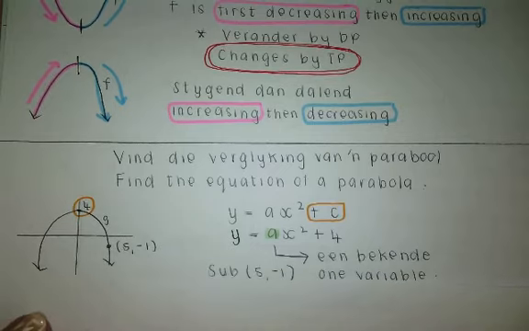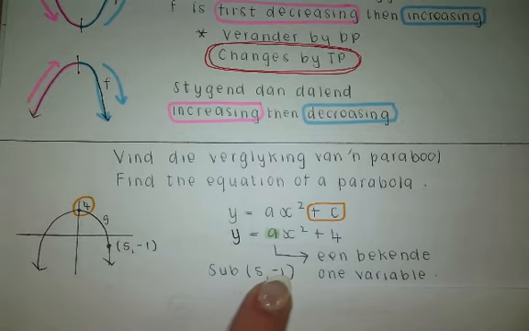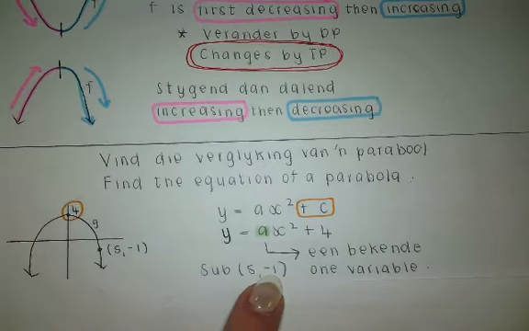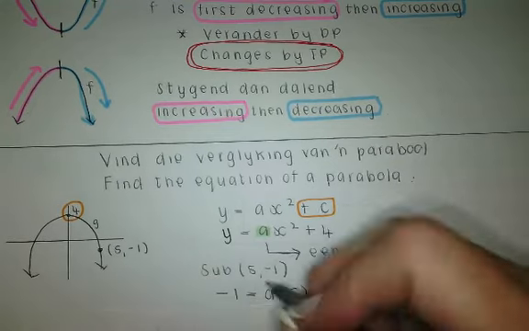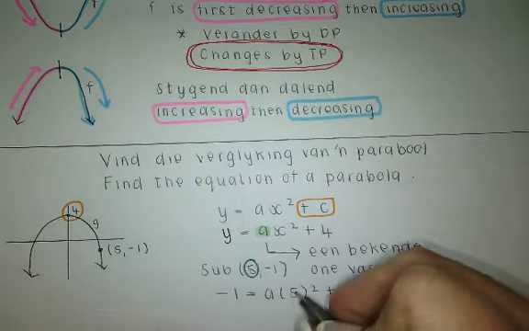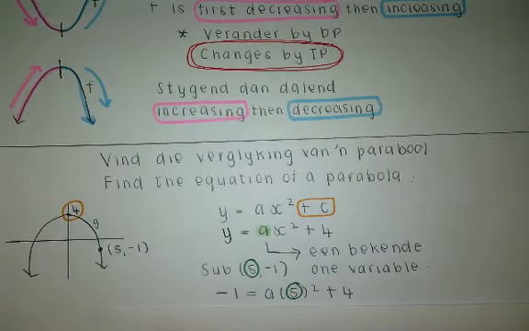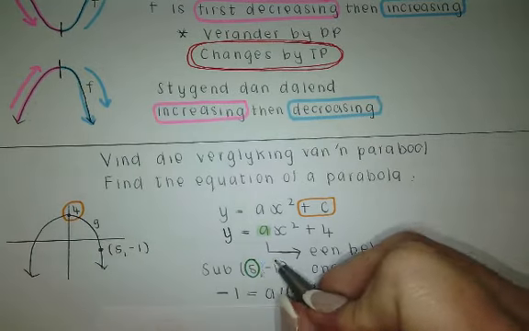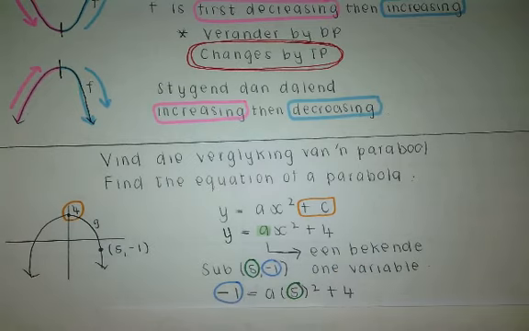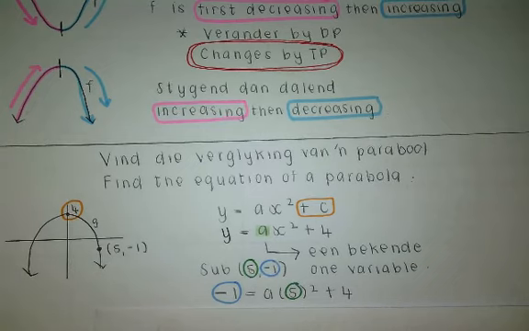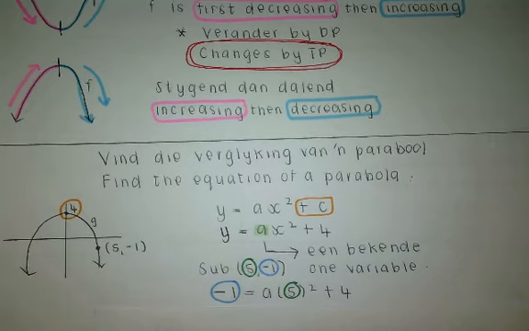The coordinate is (5, -1). So we're going to substitute this into x and y. This is x's value, so that will go in here, and this is y's value, so that goes in there. Are we happy to say that we've eliminated all other variables and we only need to calculate a?